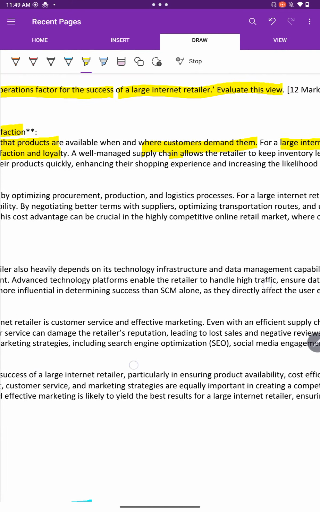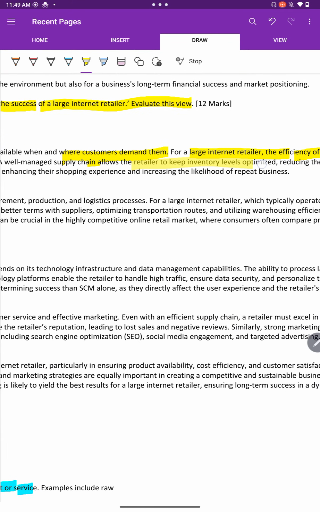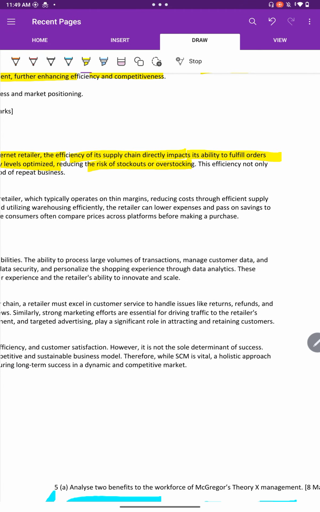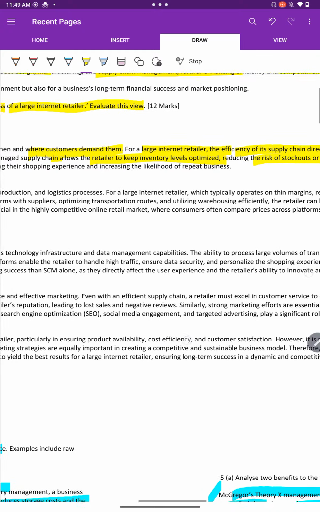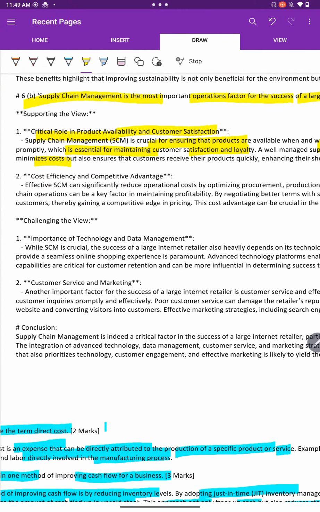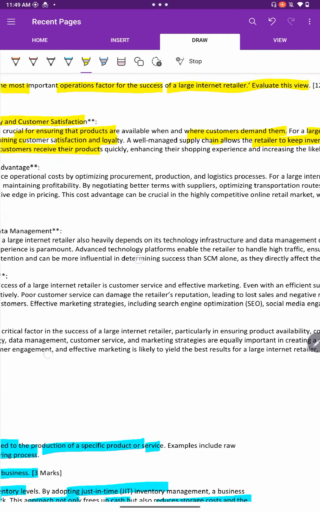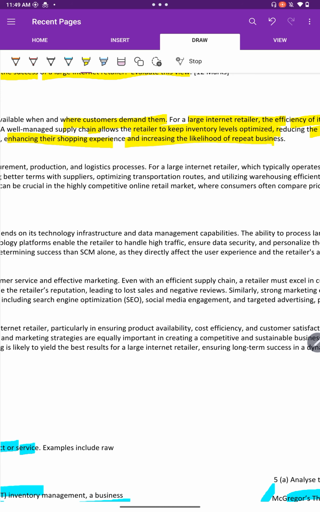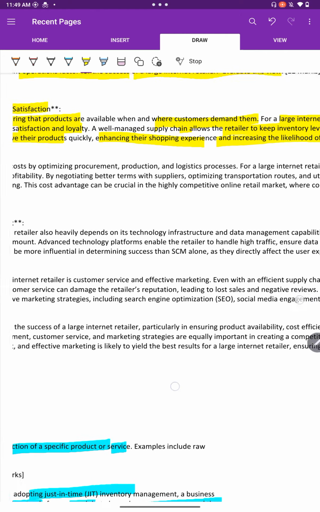A well-managed supply chain allows retailers to keep inventory levels optimized, reducing the risk of stockouts or overstocking, and this efficiency not only minimizes costs but also ensures that customers receive their products quickly, enhancing their shopping experience and increasing the likelihood of repeat business. So this is it. I have written its first positive point, why supply chain management is important for this retailer.